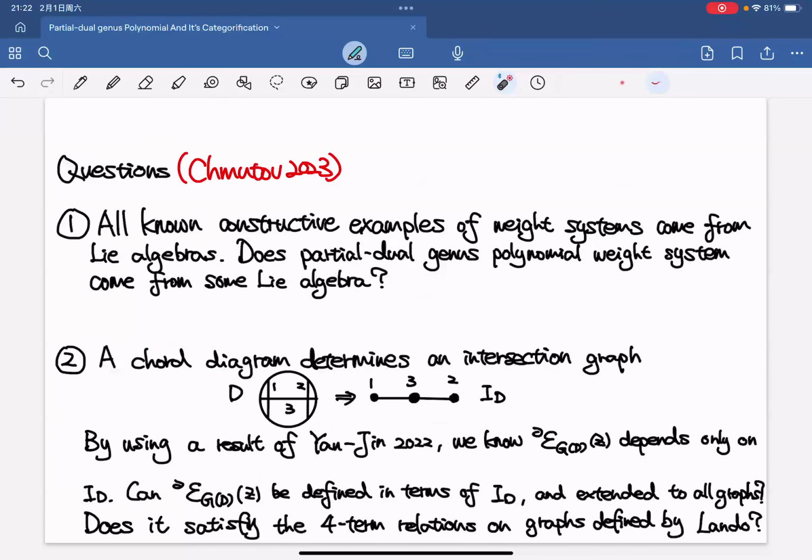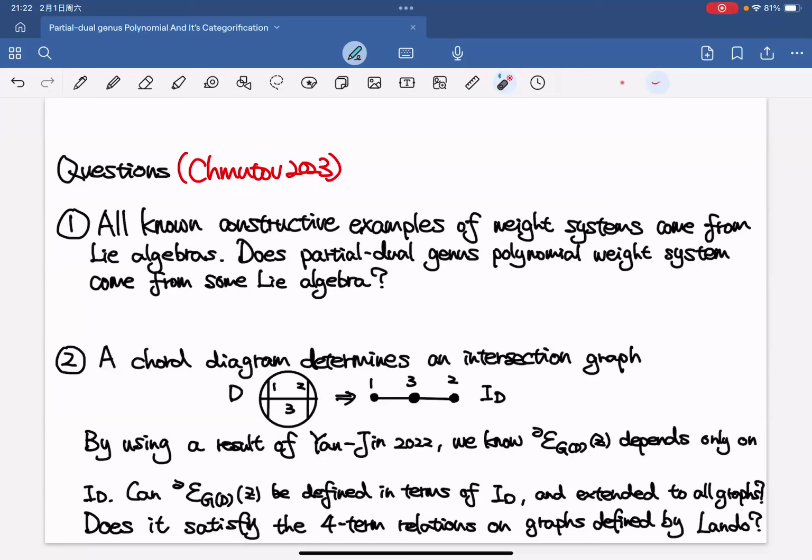At the end of Chmutov's paper, he asked some questions. The first one is, I think in 1995, we know that there does exist some finite type invariant not coming from Lie algebras, but this is not a constructive invariant.